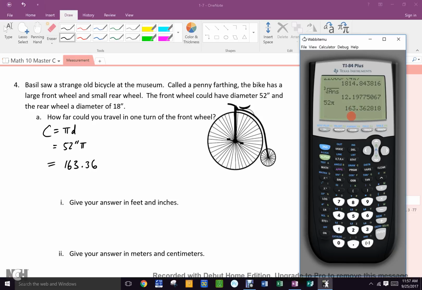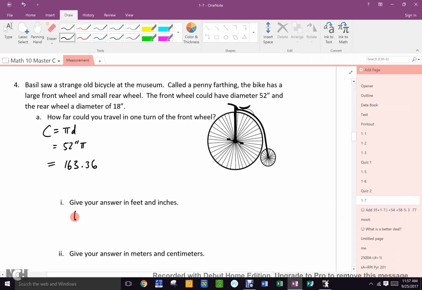No. Right? Because I need it again. That is inches. So what do I do to get that to feet? I divide by 12. So down here, I just write the 163 is enough to remind me that I need to multiply by 1 foot over 12 inches.